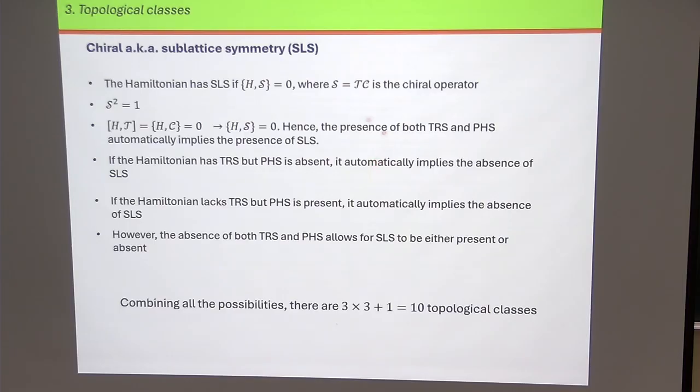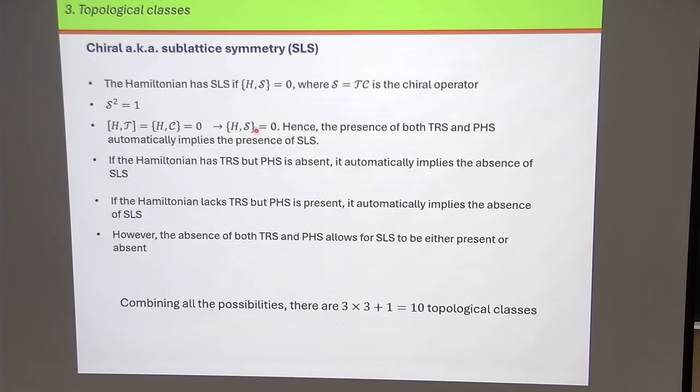One interesting thing is that if you have both time reversal and particle-hole symmetry, then for sure you also have chiral symmetry. Because if T commutes with H and C anti-commutes with H, you can prove that then the combination will anti-commute with H. Now, if you have time reversal but you don't have particle-hole, then you won't have chiral symmetry either.